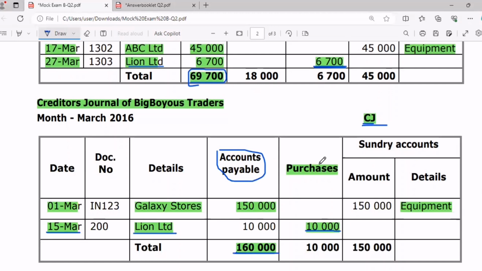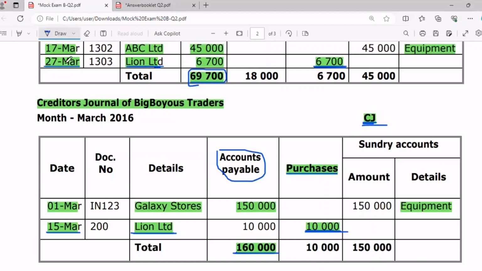These items, we purchased them on credit because they were initially recorded in the CJ. So these items were acquired on credit on the 15th. And then on the 27th of March, that is after, we had another transaction with Lion Limited. Remember, Lion Limited is the one that supplied us with these purchases worth 10,000.